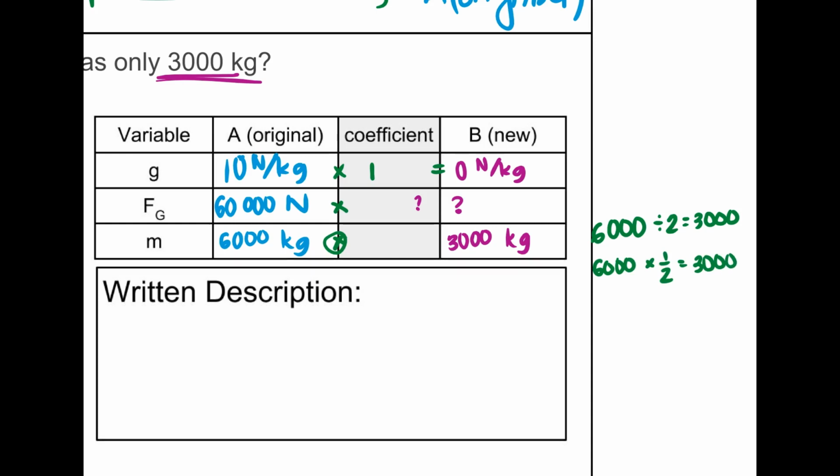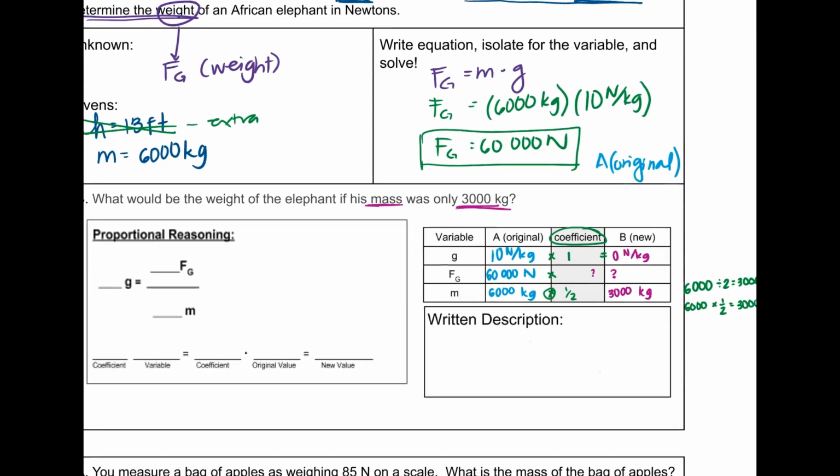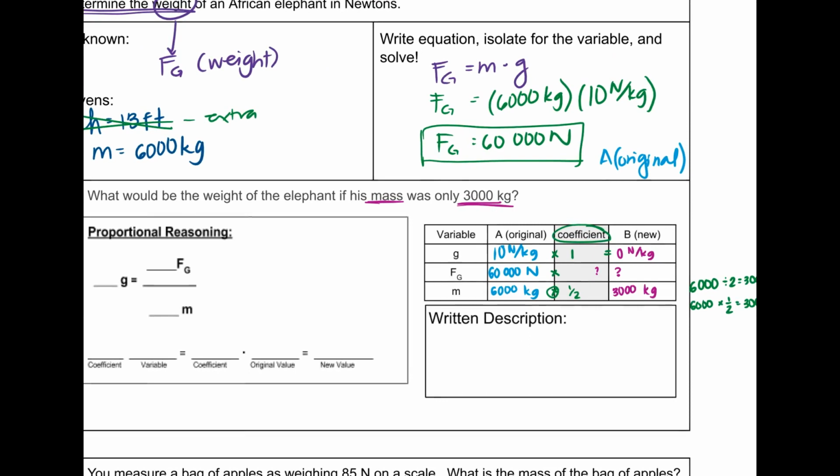So we're going to multiply by 1/2. So this means that these are our coefficients, and these are the variables, and we're going to fill out the proportional reasoning section now. Our gravitational field strength stayed the same, and our mass went down by 1/2.